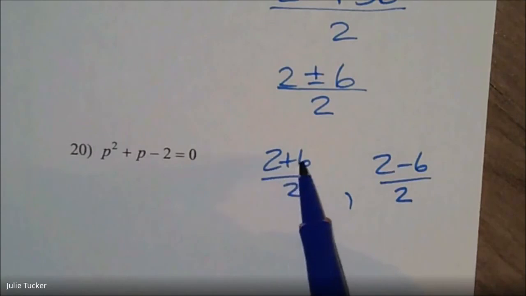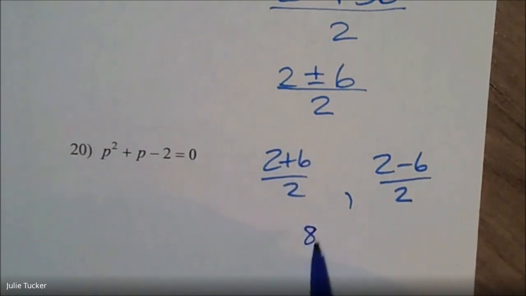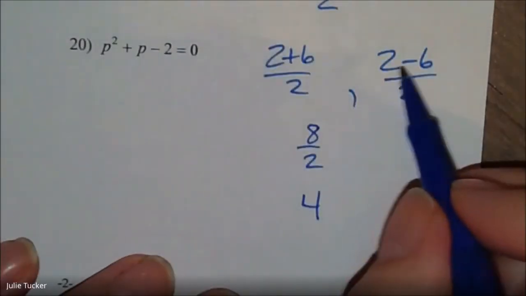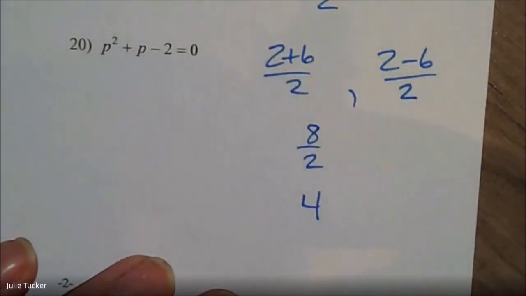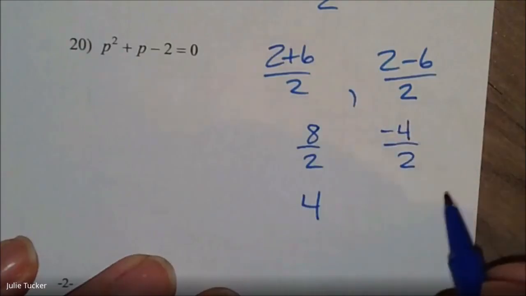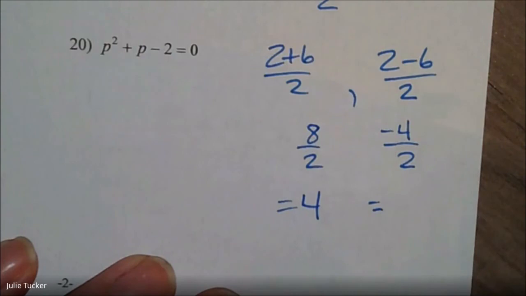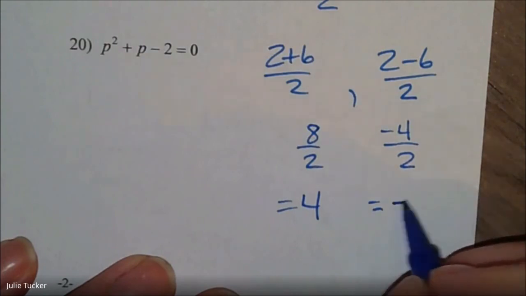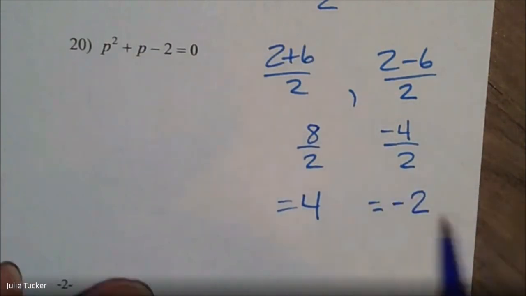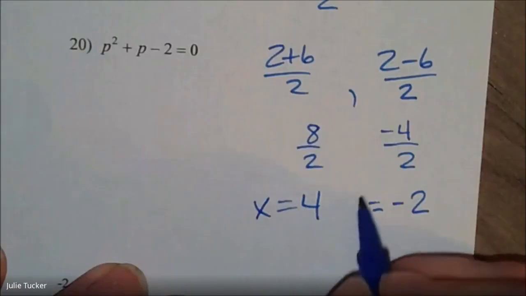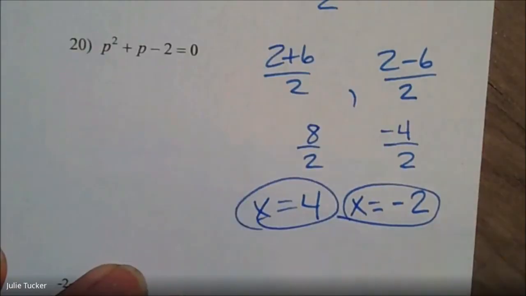So 2 plus 6 over 2 is 4. And 2 minus 6 is -4, so this is -4 over 2, which is -2. So your two answers are x equals 4 and x equals -2. And those are the answers.